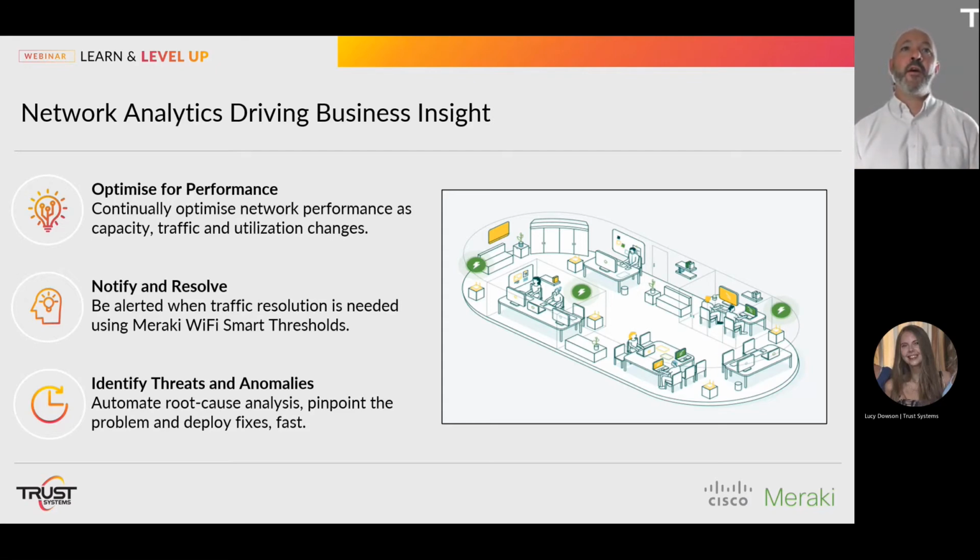And further, we can use the analytics from the dashboard to help identify threats and anomalies, to give you faster root cause analysis, pinpointing the problems to help deploy fixes as quickly as we possibly can across the network. And this is really talking about the foundation of the network from the MRs within your organisation, then to allow further devices to connect into that network.